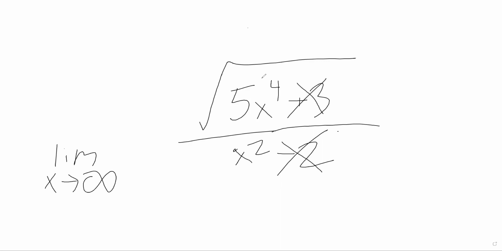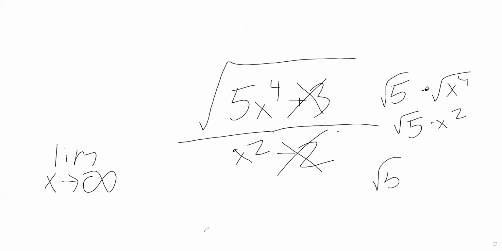So you can actually simplify what's on the top, and you end up getting the square root of 5 times the square root of x to the 4th. And what is that? It's the square root of 5 times x squared. So you're left with the square root of 5 x squared over x squared.